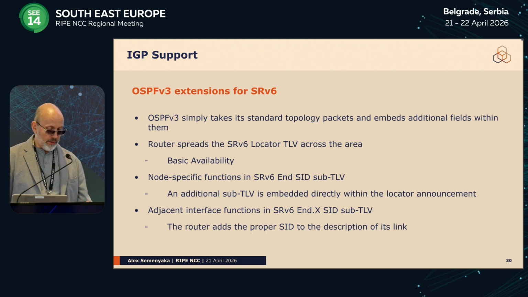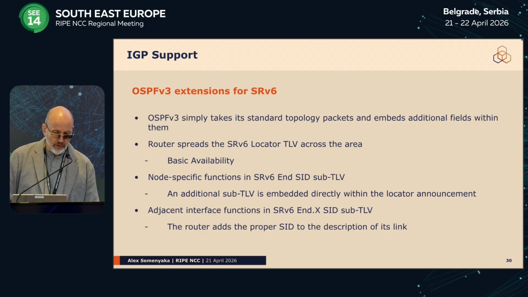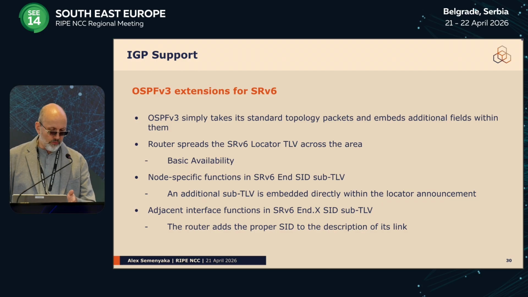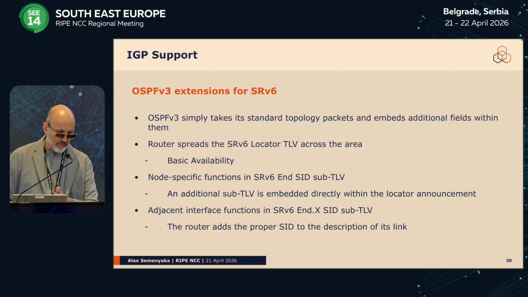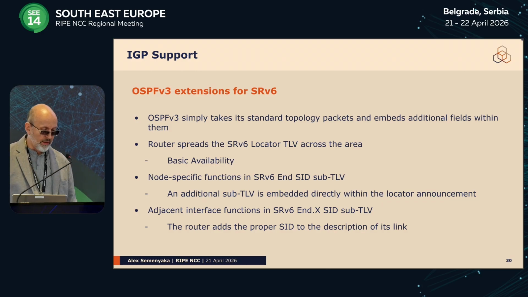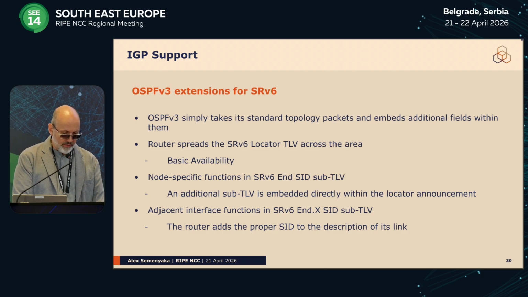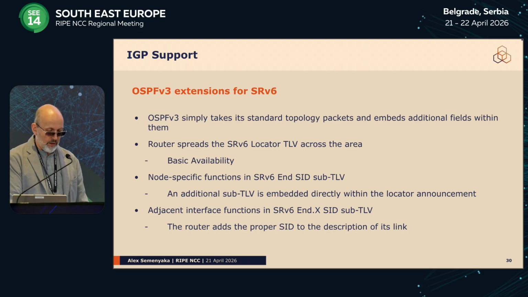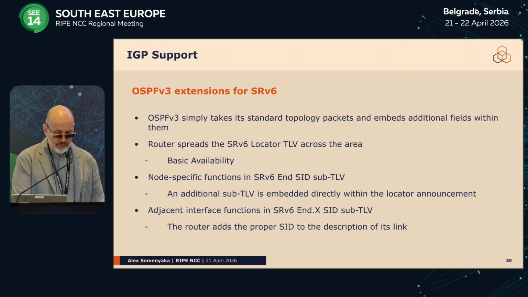Now, for LSAs describing the node, we are adding a sub-TLV, this SID for this node. For our links, for each router, for the corresponding LSA, we are adding the sub-TLV describing the SID for this link.